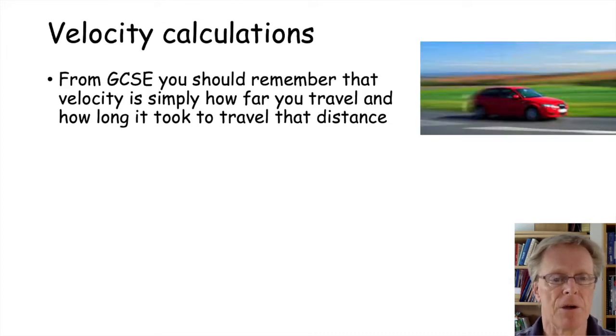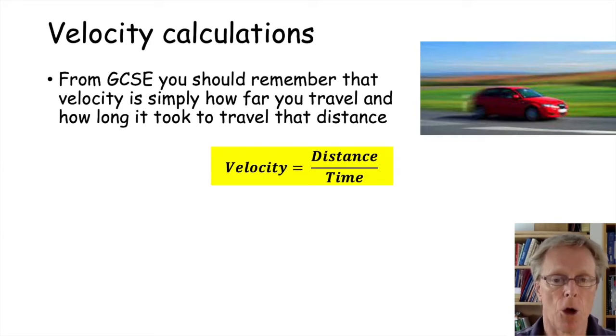So velocity calculations, from GCSE, you should remember that velocity is simply how far you travel in a given time. So the velocity equation, hopefully you can remember this, is distance over time. And we typically measure things like, for example, miles per hour, how many miles you travel in an hour.